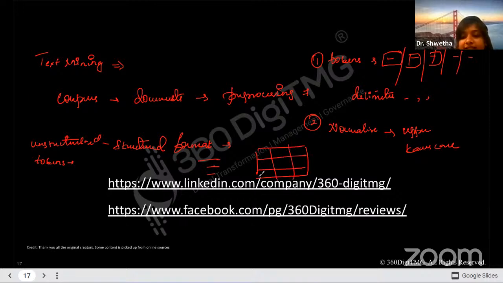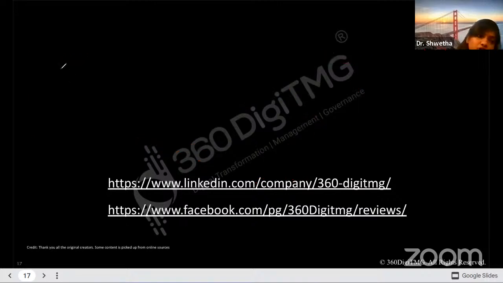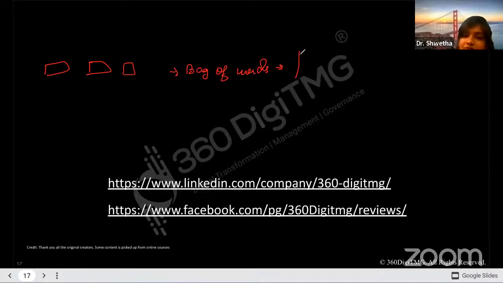What are the different techniques that can be applied? One is what we saw as tokenize. Next, after tokenizing the words, we go for bag of words also. What will bag of words do? It will give us the frequency, how many times each word is repeated. 1 time, 2 times, all that. Again, it is converting it into a structured format.